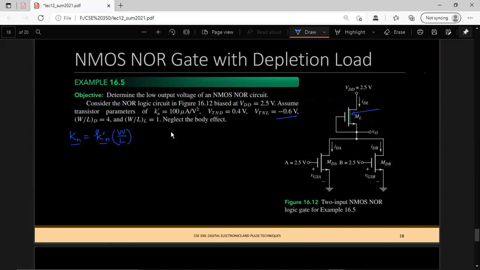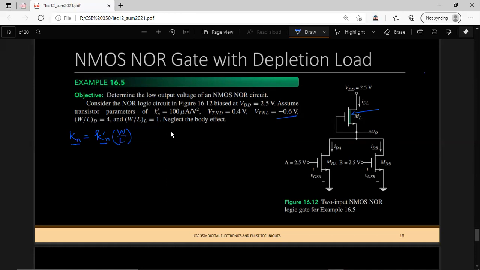For this problem, we need to use this formula in order to get the correct result, and we are asked to neglect the body effect. In the CSE460 course, we are going to give a deep dive about the body effect in NMOS or PMOS type transistors.